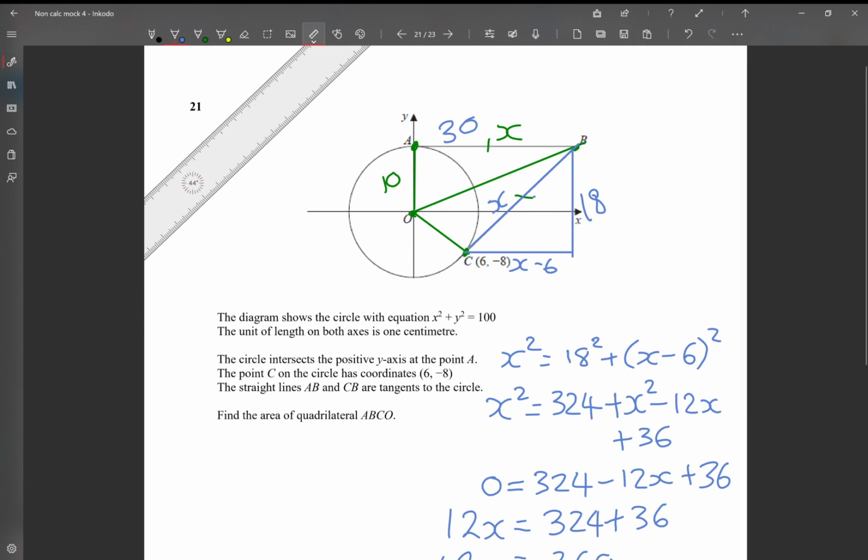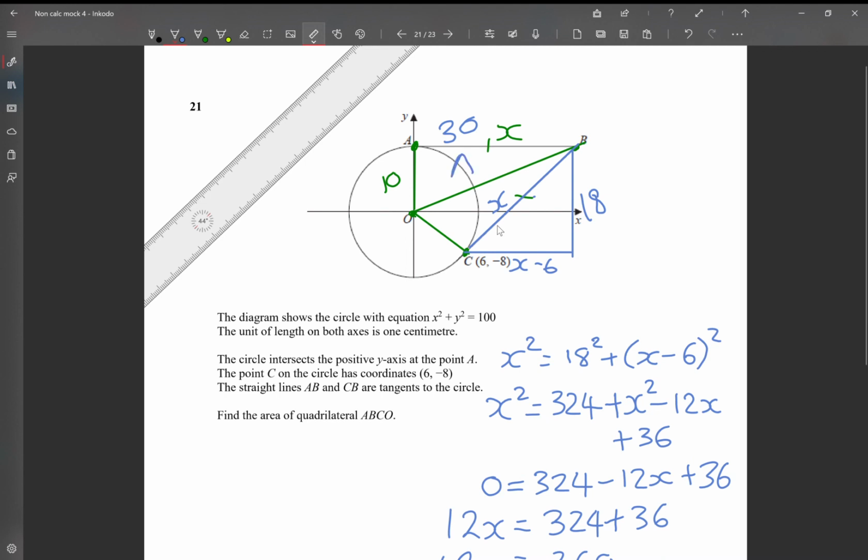Once we know that, it's very simple because you've got this triangle. You can discount this part. It's not what we're worried about with the area. We actually just want this and this. So if we know this is 10 by 30, we should also recognise that this is also 10 by 30.